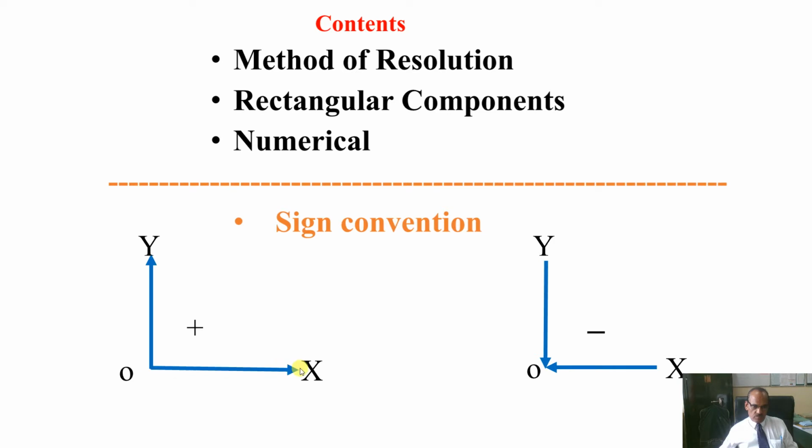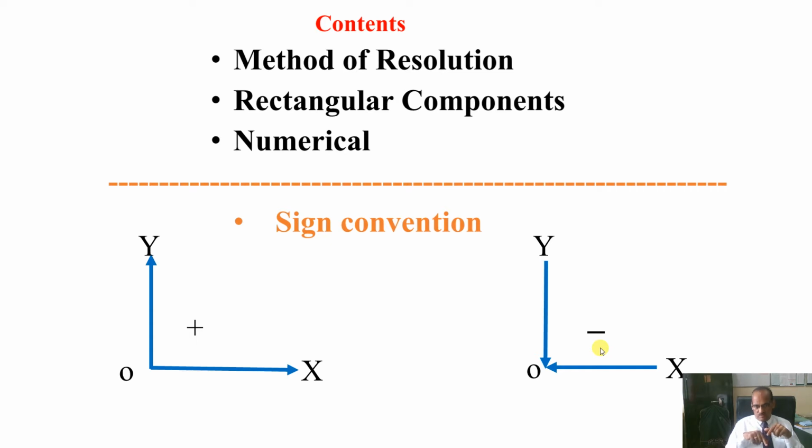So these directions we are going to consider positive, and this is negative x-axis and this is negative y-axis. So from these two figures, if you understand clearly, all upward forces we are going to consider positive.